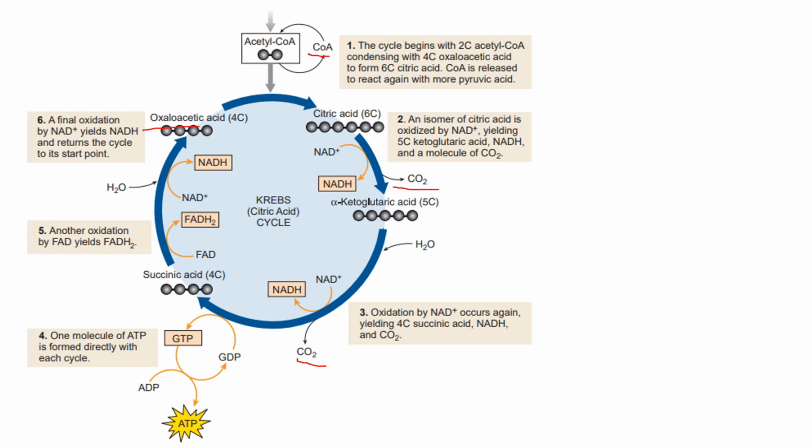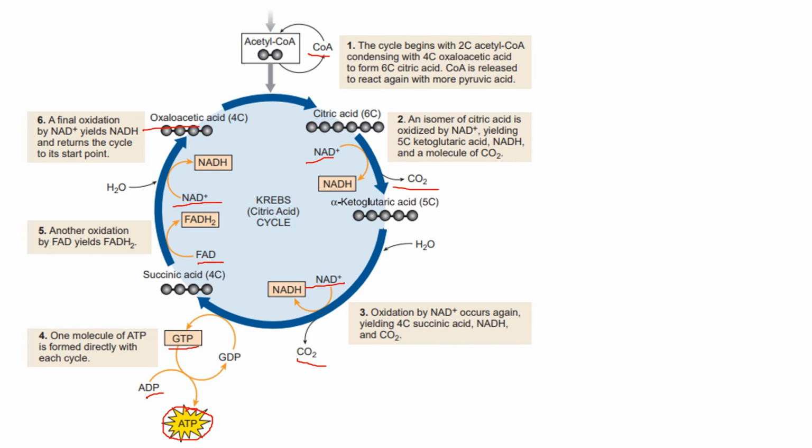Hydrogen ions and electrons in the oxidations transfer to NAD and to FAD, or what we call flavin adenine dinucleotide, which is another electron acceptor, and a pyrophosphate bond is generated in the form of guanosine triphosphate, or GTP. This high-energy phosphate readily transfers to ADP to form ATP.